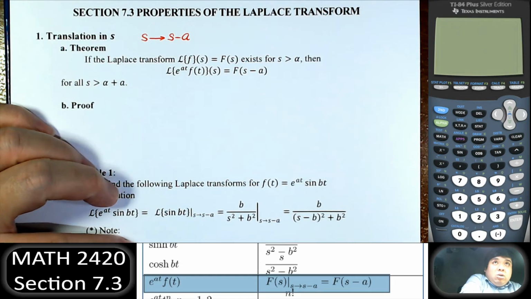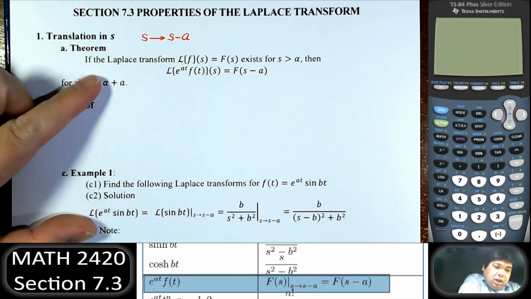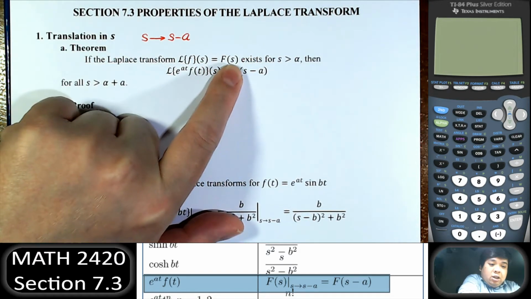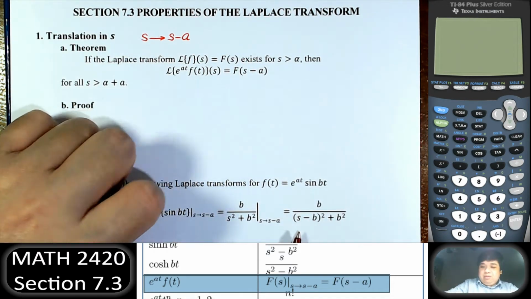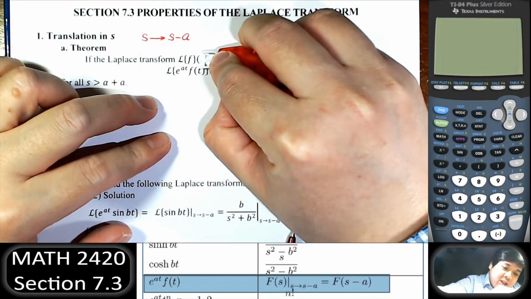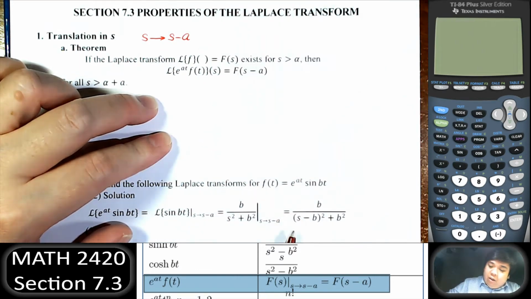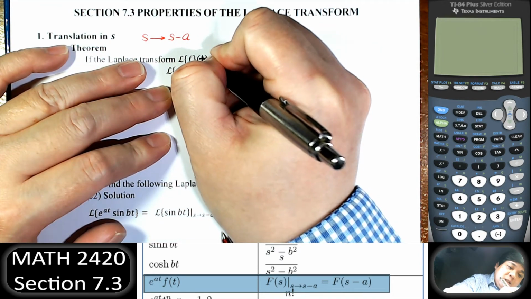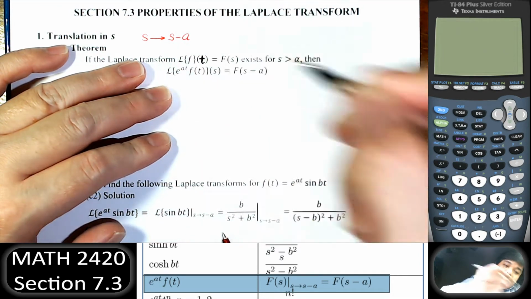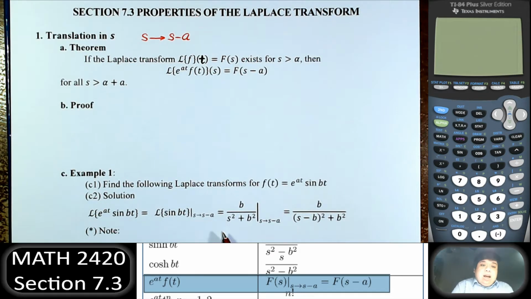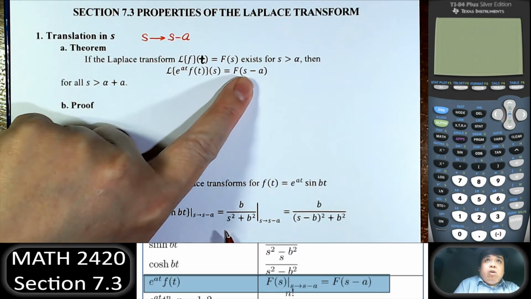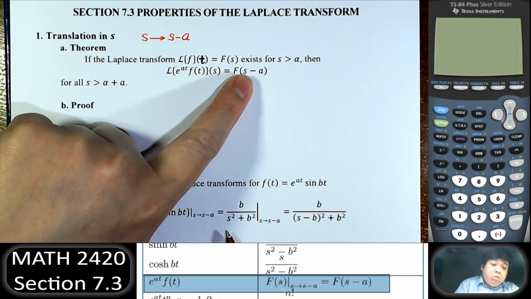In particular, what do we mean by that? If we have a Laplace transform from a function of t to a function F of s, it says for s greater than alpha, then e to the alpha t times f of t has a Laplace transform that is going to be that.